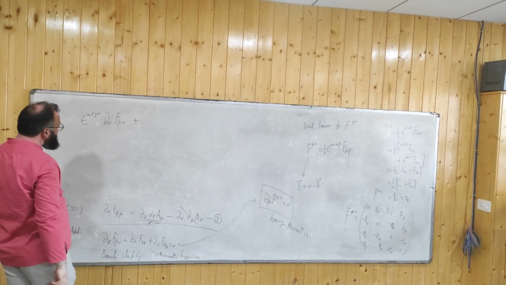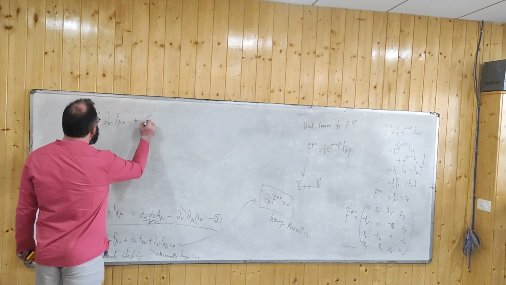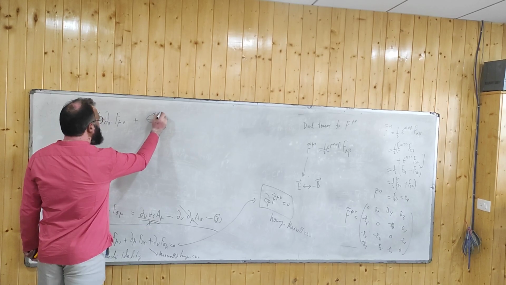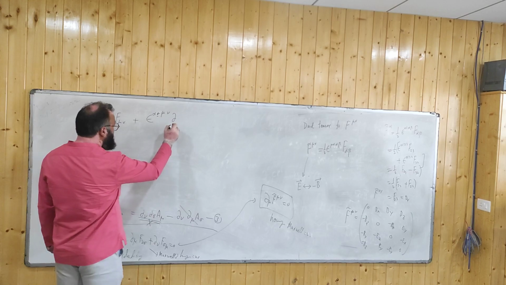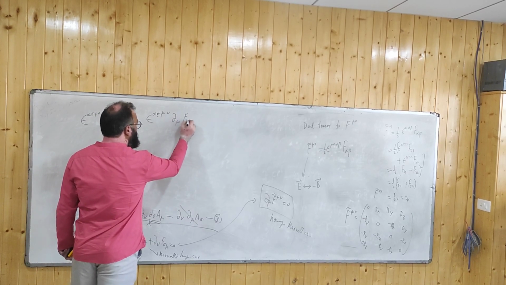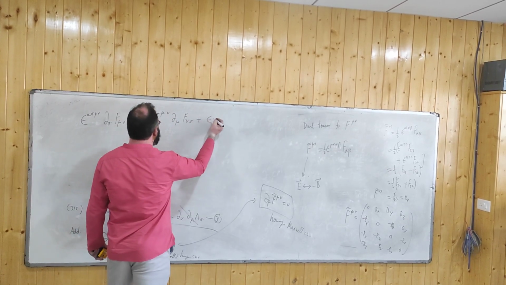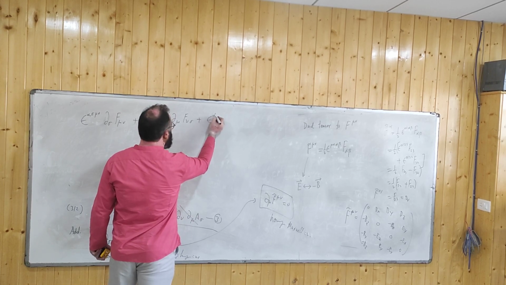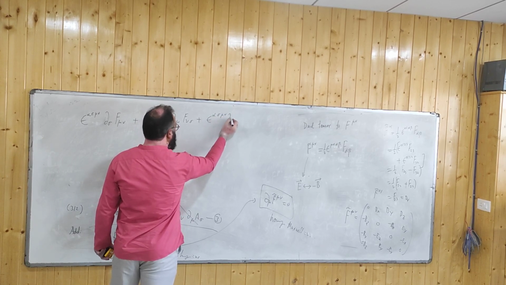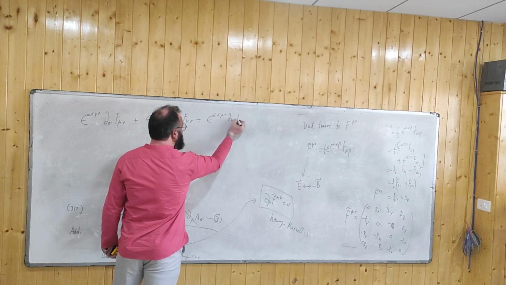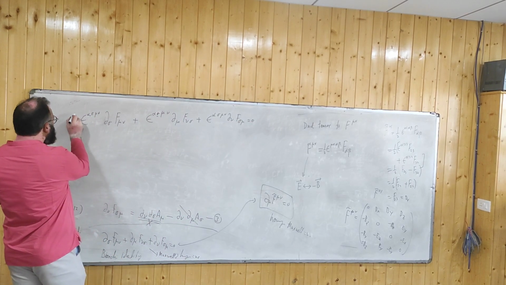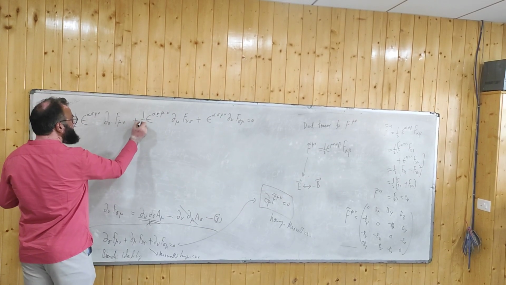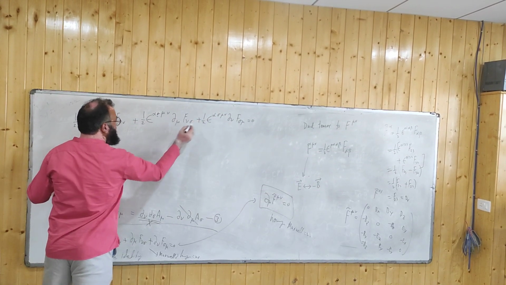This entire thing: epsilon alpha sigma mu nu partial mu F mu sigma plus epsilon alpha sigma mu nu partial mu F sigma mu is equal to 0. Clear? If you multiply with half as well, let's multiply with half here.